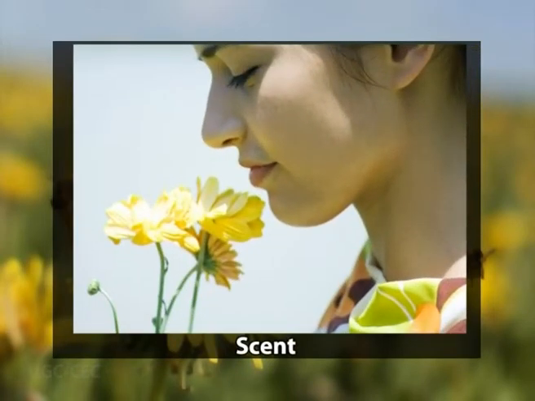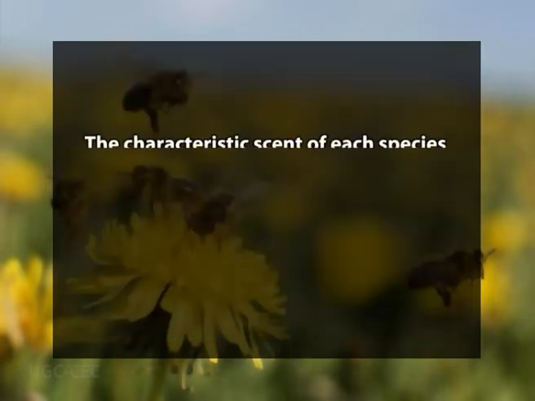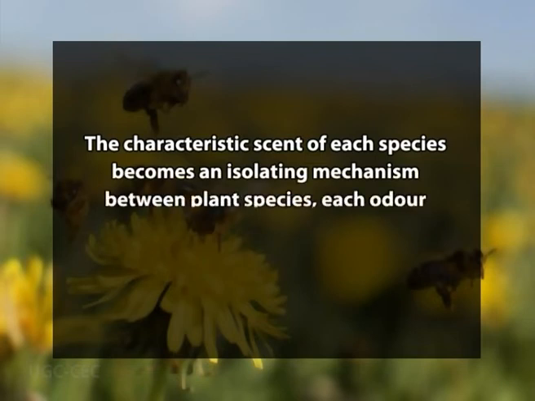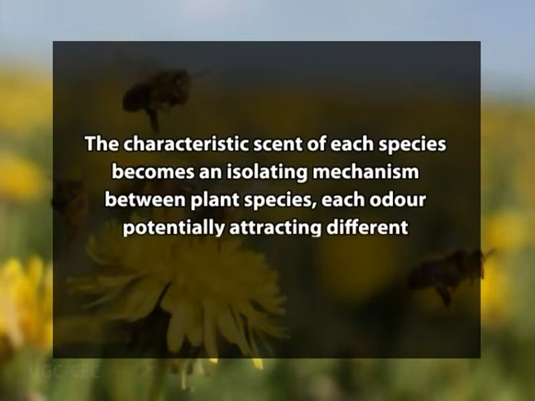The volatility of these organic compounds is a function of their molecular size, thus the distance they can be diffused from the plant at a particular time. The scent produced by a flower is a chemical mixture of different components found in a specific ratio characteristic of each species. This characteristic smell or scent of each species becomes an isolating mechanism between plant species, each odor potentially attracting different pollinators.